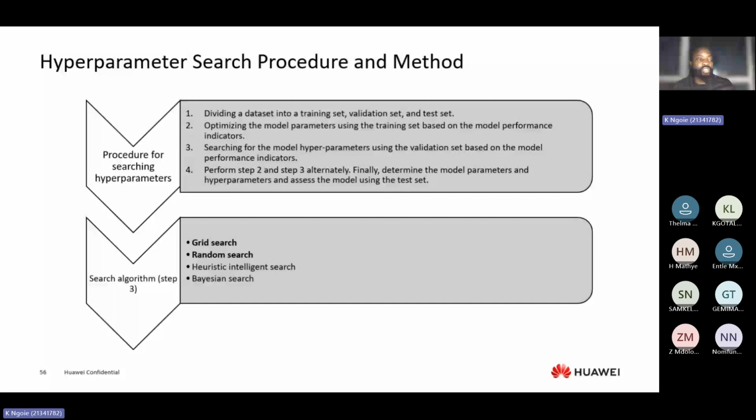That could be a problem because one person can choose a different setting from another, and when you change the settings, the performance changes. So how do you know what settings to use to get the best result? That's why we have other methods and procedures that can help you search for the best setting. That's what we're going to do tomorrow.